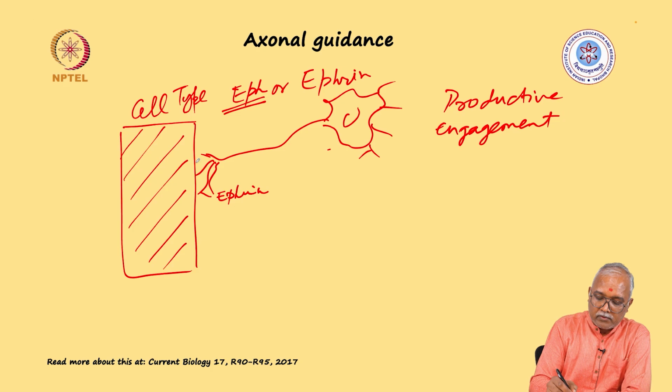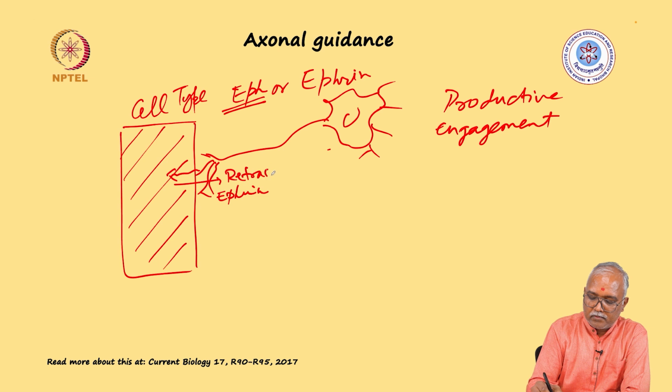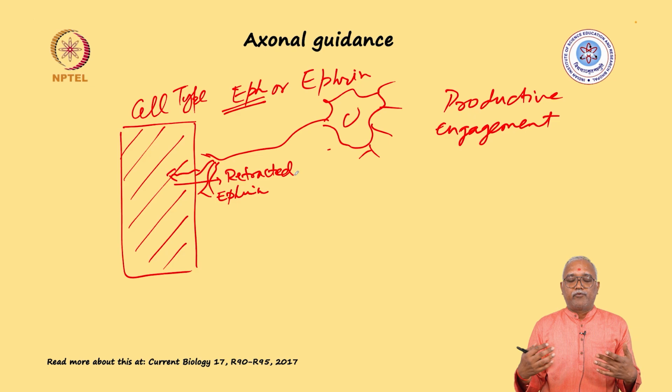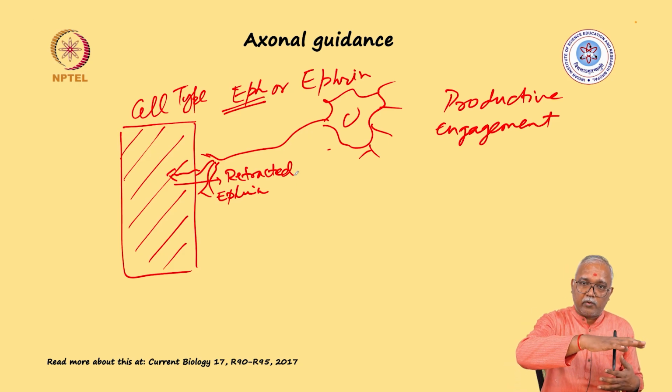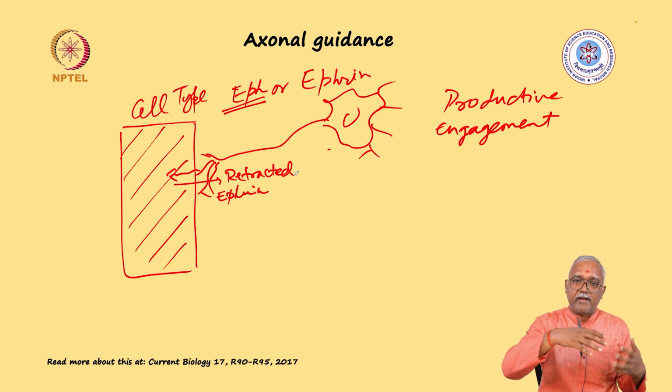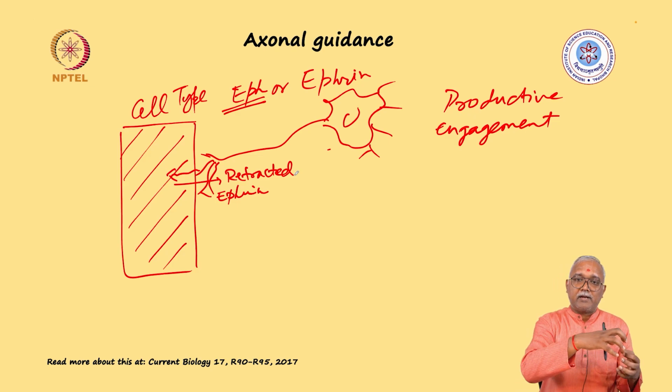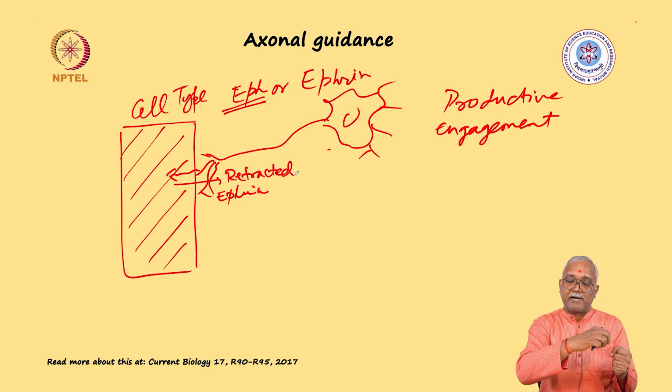what will happen? The growth cone normally will try to establish contact here. As soon as it sees the productive engagement, it will be retracted, which is a kind of signal that this is not the end where you should terminate. So the growth cone grows further into the tissue, gets into productive engagement through Eph-Ephrin signaling, the repulsive signaling goes on and the retraction happens.